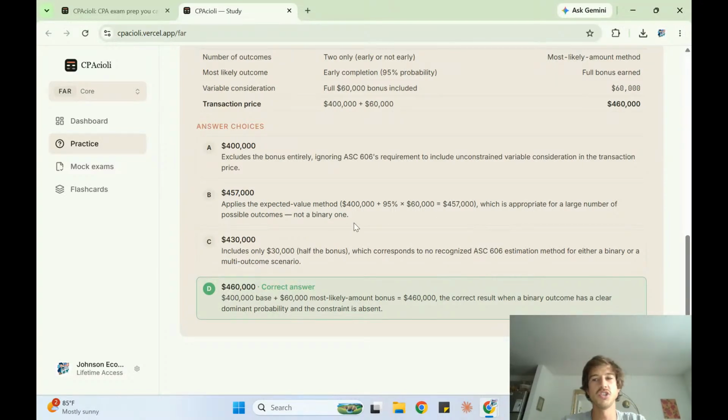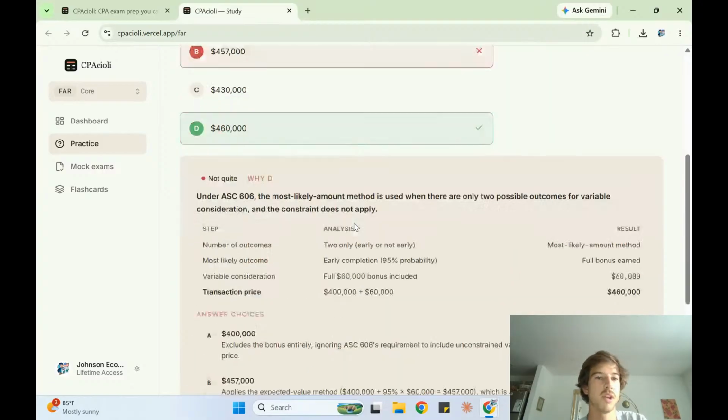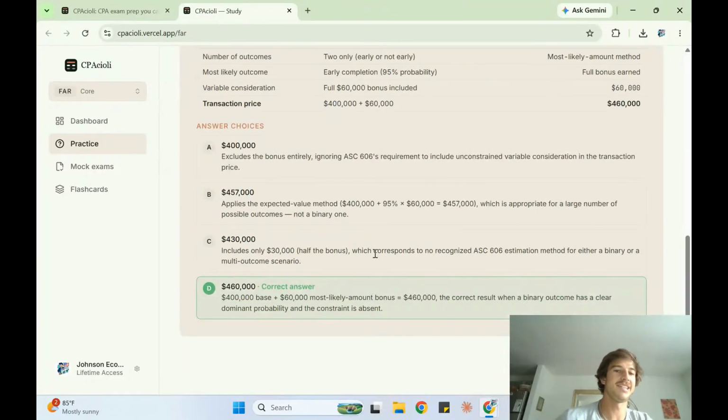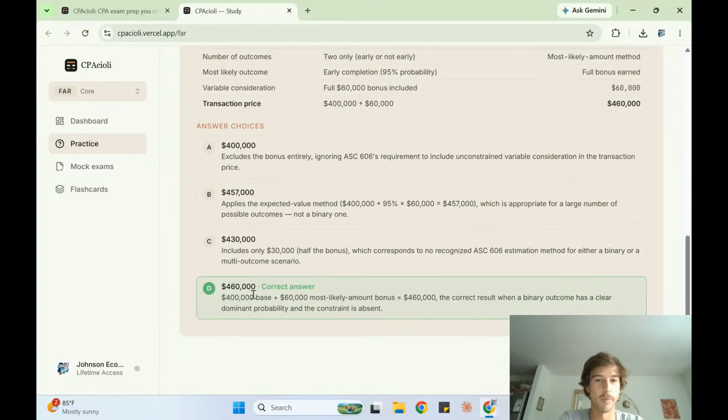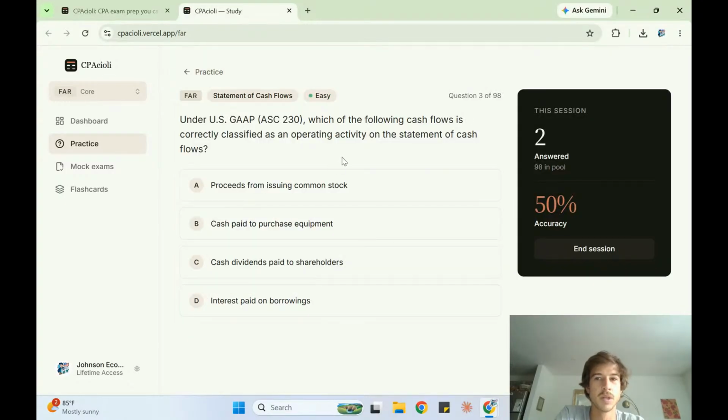If it were a large number of outcomes, then it would have been the answer I chose, the expected value method. But since it was just 2 outcomes, you use the most likely amount method, which means it's the full amount. Cool, makes sense. Good to know.